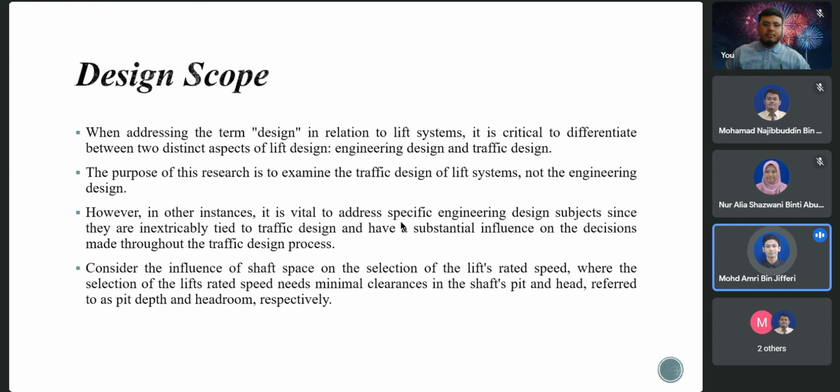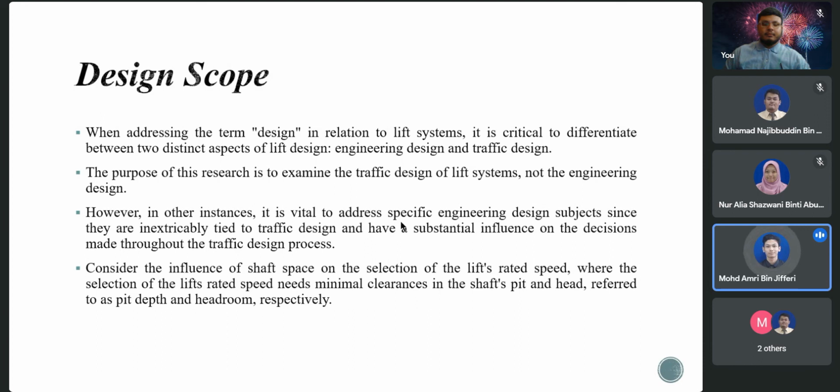However, in some instances, it is vital to address specific engineering design subjects since they are inextricably tied to traffic design and have substantially influenced the decisions made throughout the traffic design process.